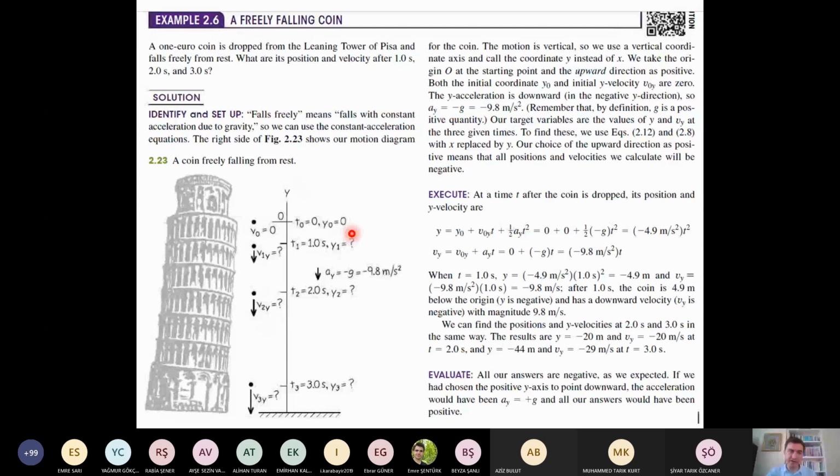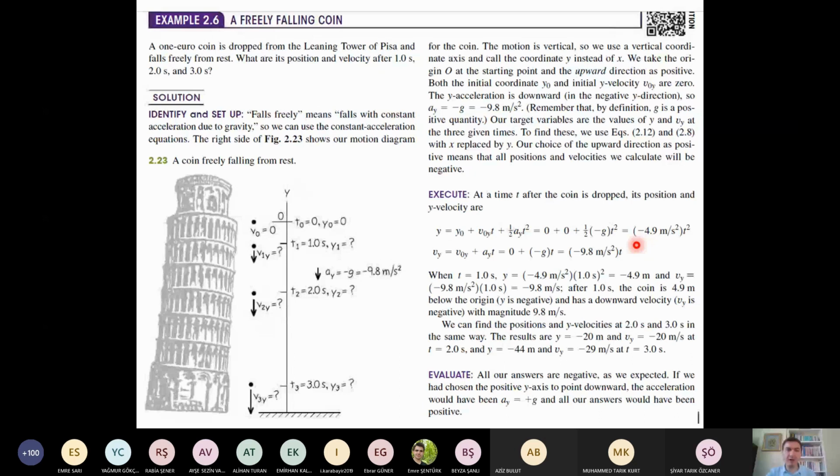So v0y is 0. And what is the ay? Ay is given here with minus g, since it is along the negative y direction. Then put here negative g and put time here. For 1 second, you can calculate the position. For the 2 seconds, you can calculate the position. For the 3 seconds, you can calculate the position by using this equation for the constant acceleration.